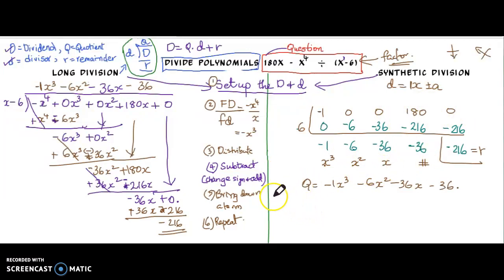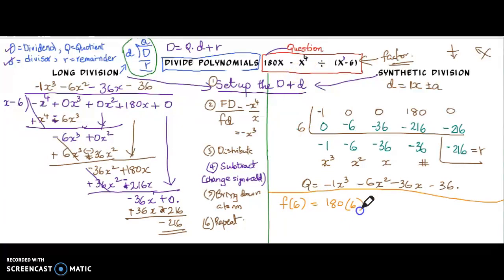Now, one interesting thing about this, where the factor theorem comes into place: if you try to find f of 6, the value of this function at 6, you know your f of x is 180x minus x to the 4th power. So instead of x, I'm going to plug in 6.